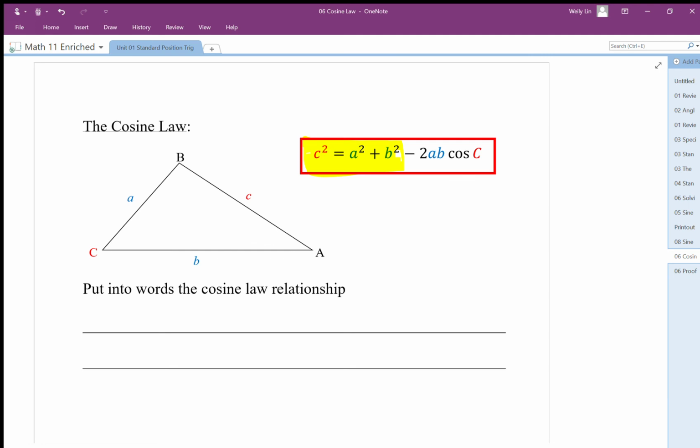You basically just need to know that it is essentially the Pythagoras theorem adjusted to account for non-90 degree angles.